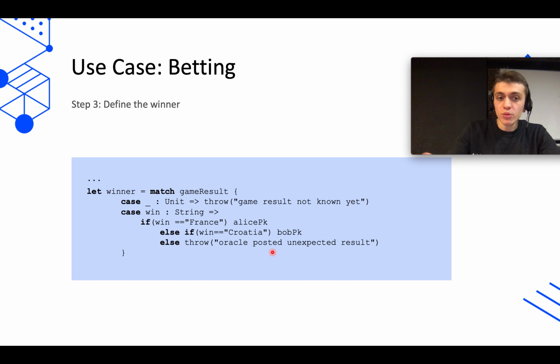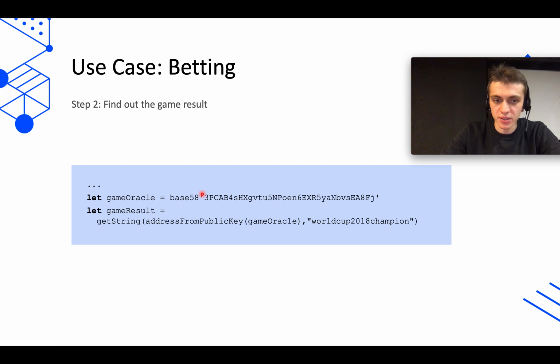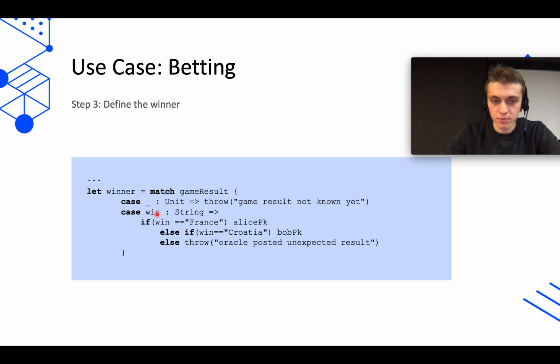And now we have to define who is the winner, and we can do it using pattern matching. In this case, we just write: if the game result is a string from the data transaction, if winner is a string and it equals France, then Alice is the winner and we store her public key in a winner variable.